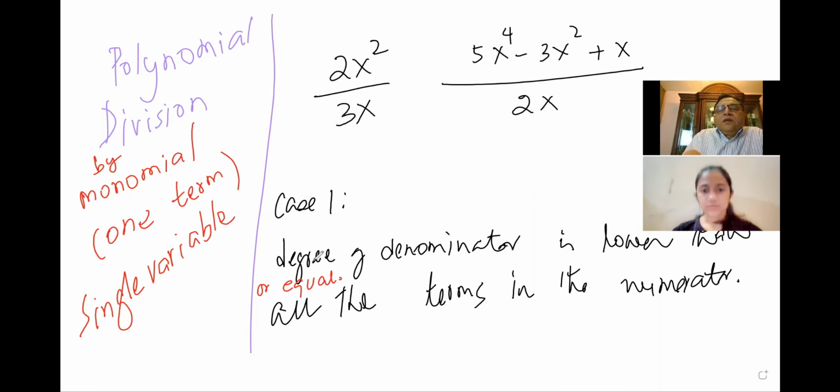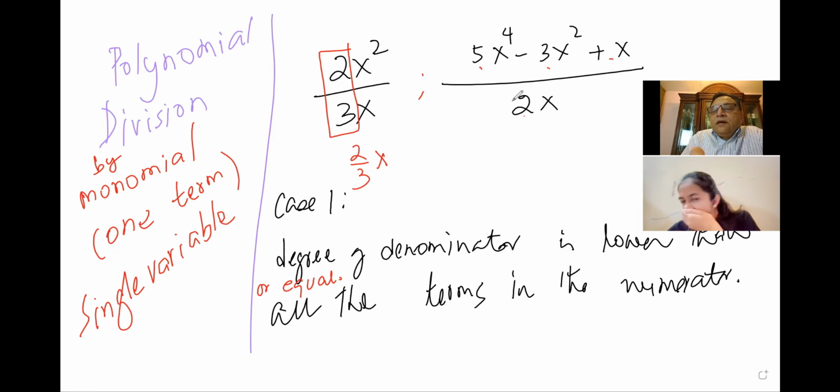Okay. So if I do the first one, 2x squared over 3x, when I divide, what you get is 2 over 3, the simplest form of the coefficients, correct? And x squared divided by x is x. Do you see that? Now, in this case, what do you get? Each individual term can be divided by 2.